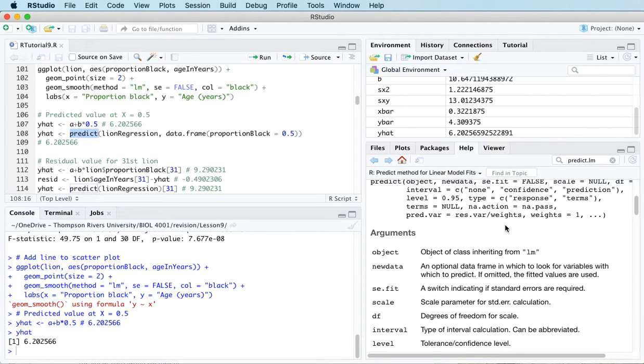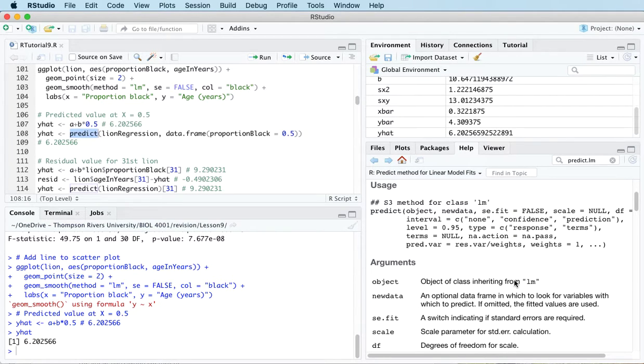So there's a lot of information here. This function can be a little bit tricky to use, because for this second argument, newdata, if we want to make a prediction at a particular value of the predictor, we need to put it in this form.